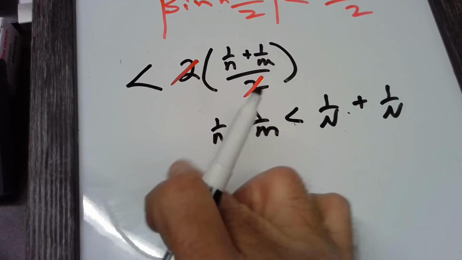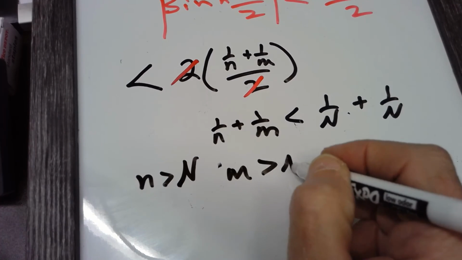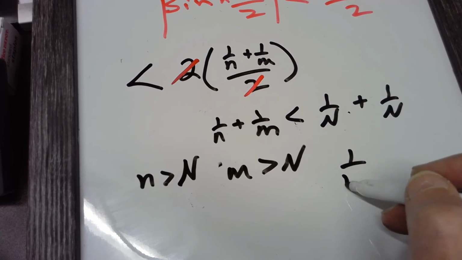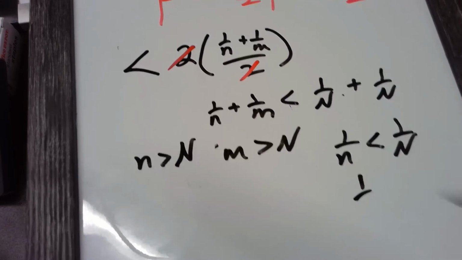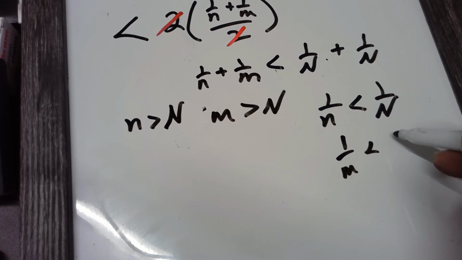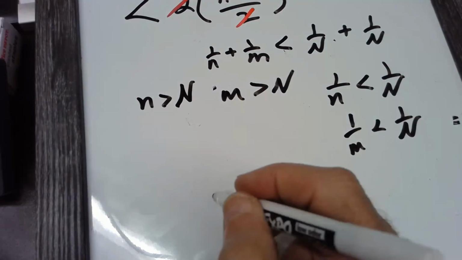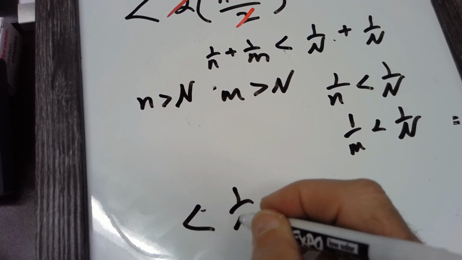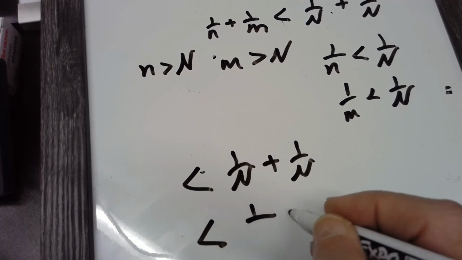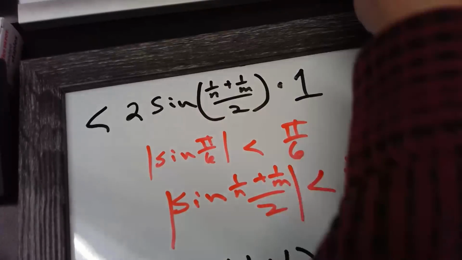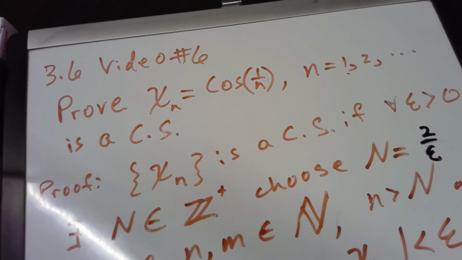So we're substituting: since n is greater than big N and m is greater than big N, 1 over n is less than 1 over big N, and the same thing for 1 over m is less than 1 over big N. So this expression is less than 1 over big N plus 1 over big N. And so we can substitute in our 2 over epsilon for big N here.